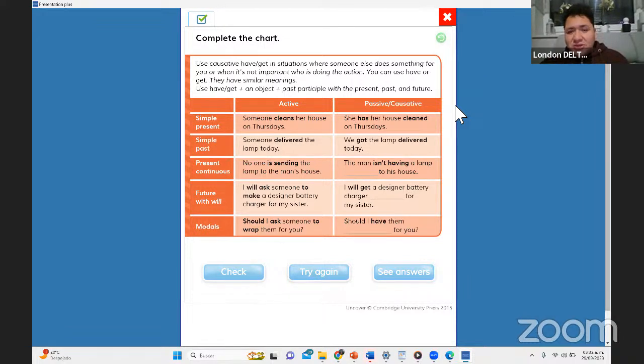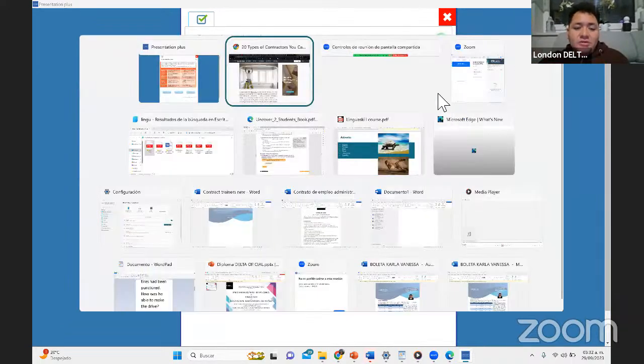Entonces, el causativo se llama así porque es una forma que nos permite hablar acerca de acciones que no hacemos nosotros de forma directa, pero que somos como los autores intelectuales, digamos. Es decir, que por nosotros es que se lleva a cabo la acción. Maybe it's because you hire a professional like a contractor, right?